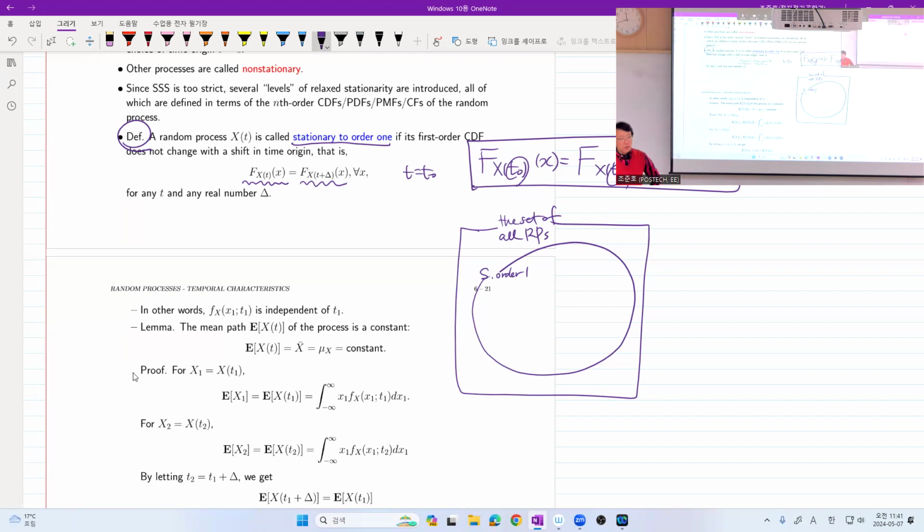But as we've already defined, what about the sample path, the mean path? So we compute the expected value of x of t. Now, for each t, you have a PDF, CDF, or PMF, but that does not change even though you change t. What does that mean? Your sample path, mean path is constant for all t.